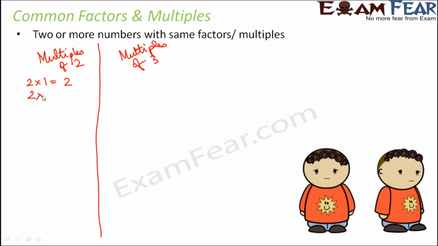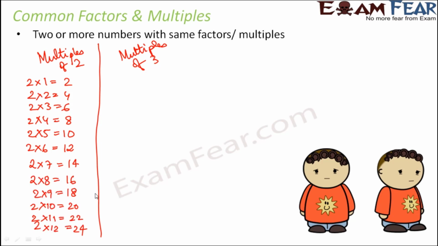This would be 2, 4, 6, 8, 10. Now we will write a considerable number of multiples so that it becomes easier for us to find out the common multiples between 2 and 3. So these are the multiples of 2. Now let us write multiples of 3. So that would be something like this.